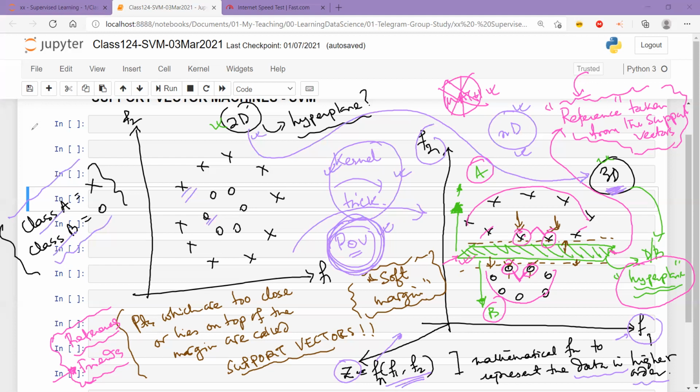So a higher order function, if you remember school level math, the basic function, y equals x plus b. Let's say there is one more equation, y2, which is x squared plus bx plus c. This equation is of a higher order, right?